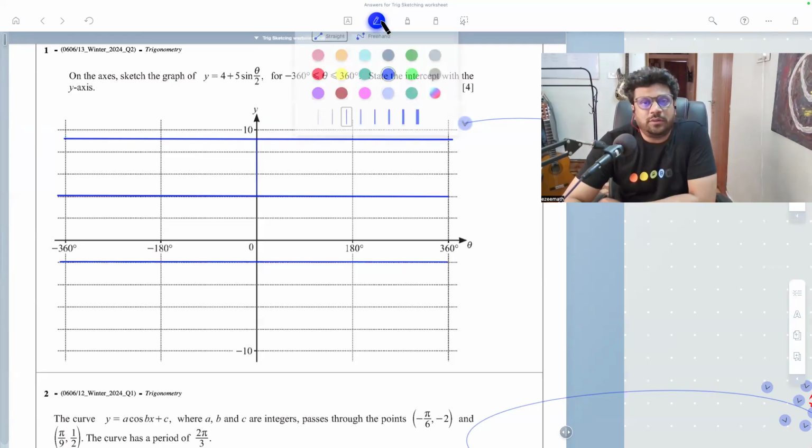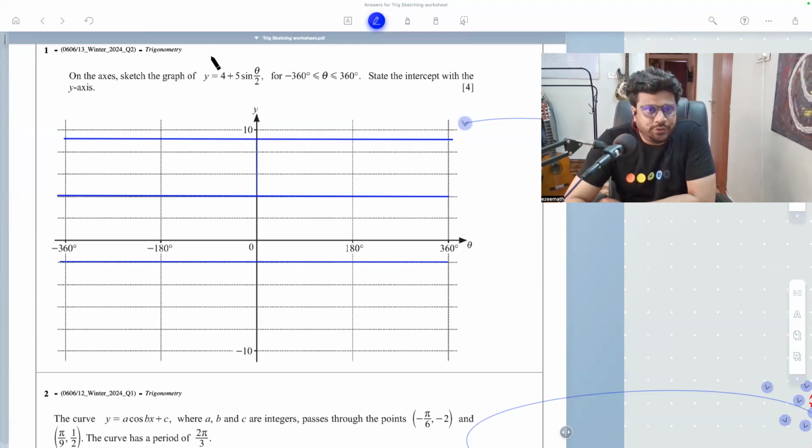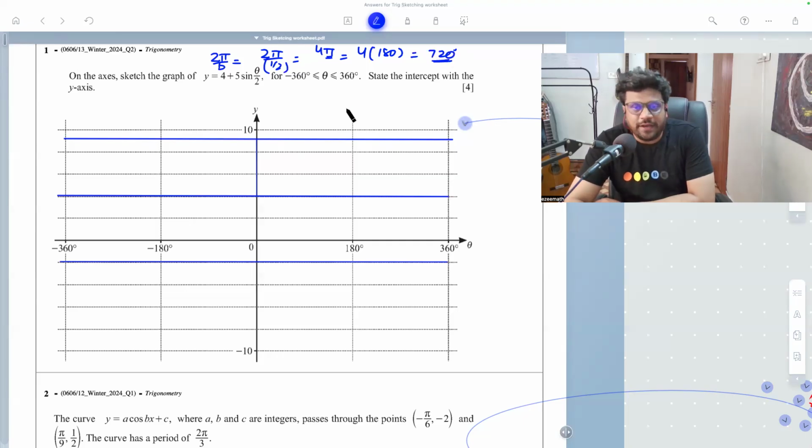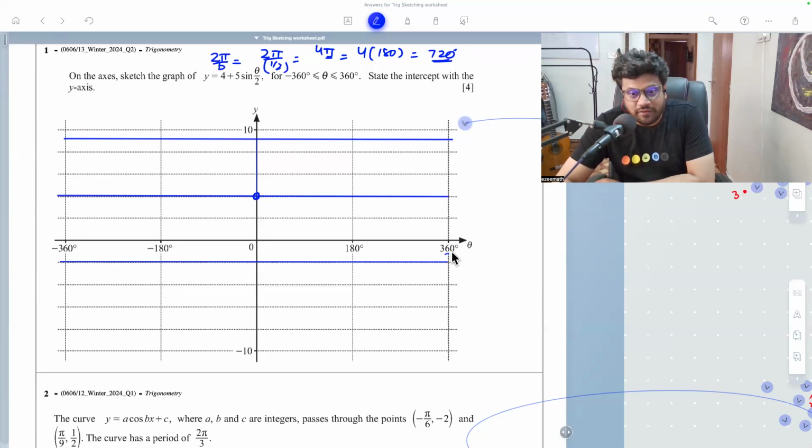And also the period is supposed to be 2 pi by b. I know that the b value is 1 by 2, which gives 4 pi. I know that pi is supposed to be 180. So there it is. 720 degrees is supposed to be the period of it. So from 0 to 720, which may be somewhere out there, you're only given 360.